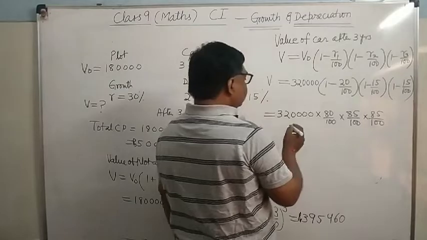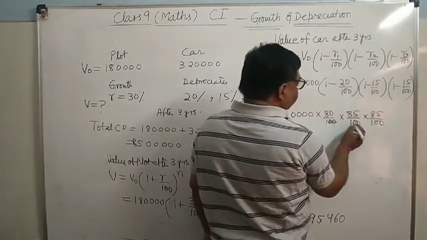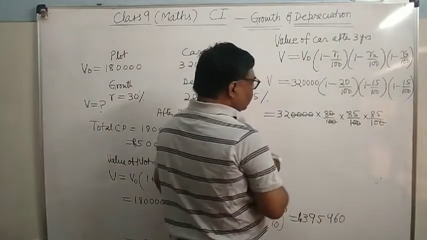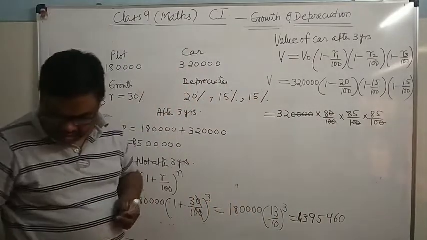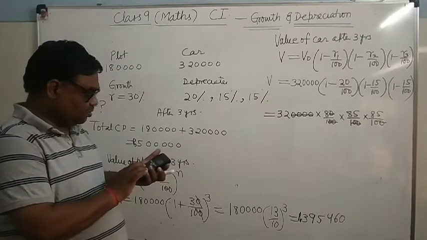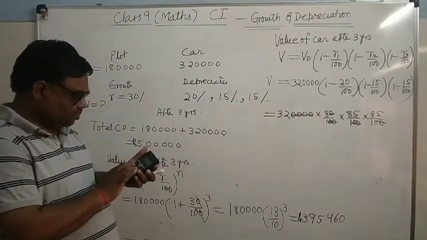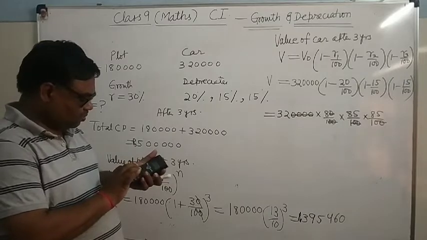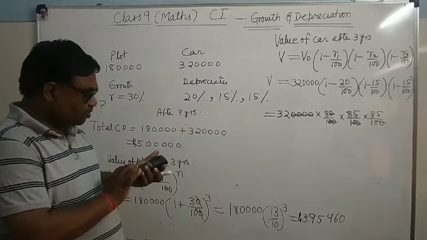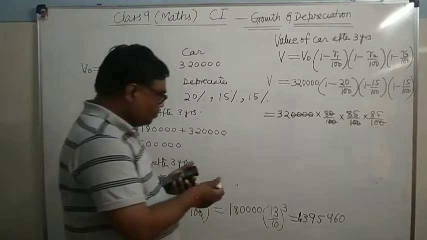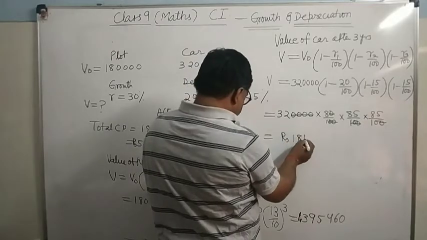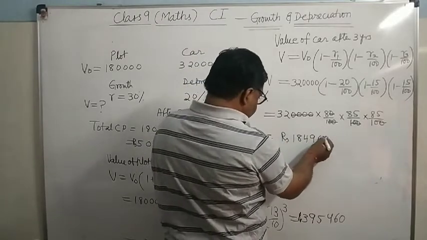So here there are 6 zeros in the denominator and in the numerator there are only 5 zeros. Now you can simplify it. So it is rupees 184,960.